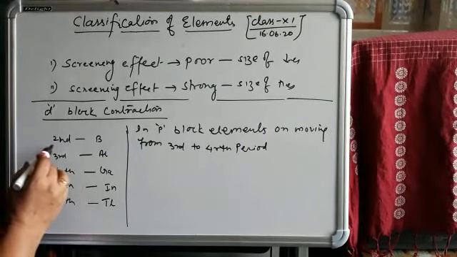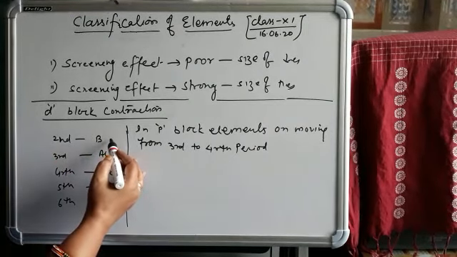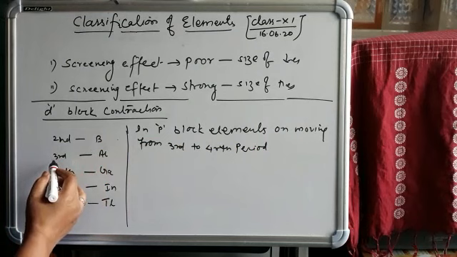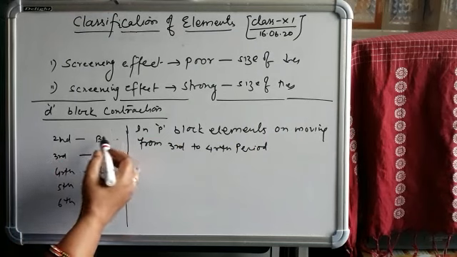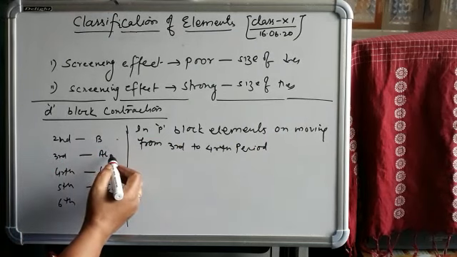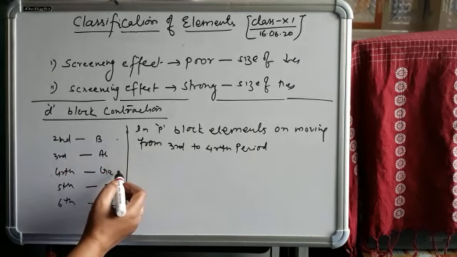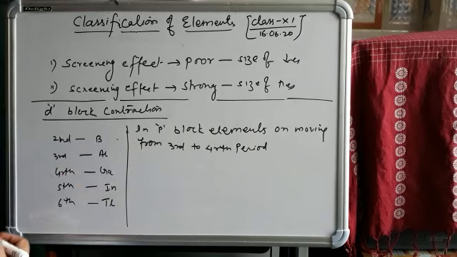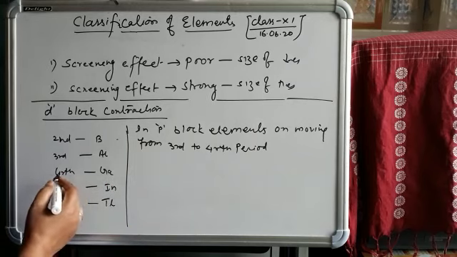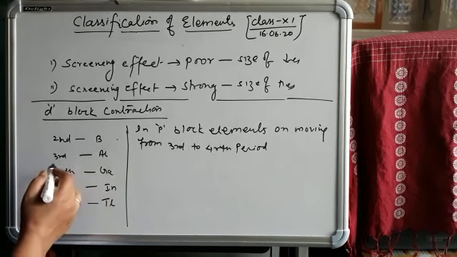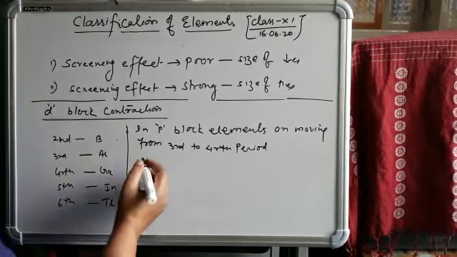Students, as we know, in second period only s and p electrons. In third period, s and p orbitals. But in the fourth period, s, p and d orbitals participate in the electronic configuration. So remember it, when we move from third to fourth period, the entrance of d orbital occurs.